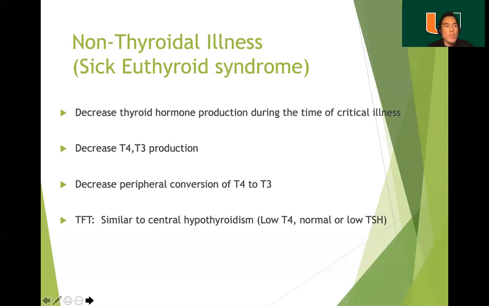History. If you see a patient who is critically ill, you perform a TFT, and you see a result that looks like central hypothyroidism, it's most likely non-thyroidal illness or sick thyroid. How do we prove it? We follow the patient and repeat the test when the patient is back to baseline.